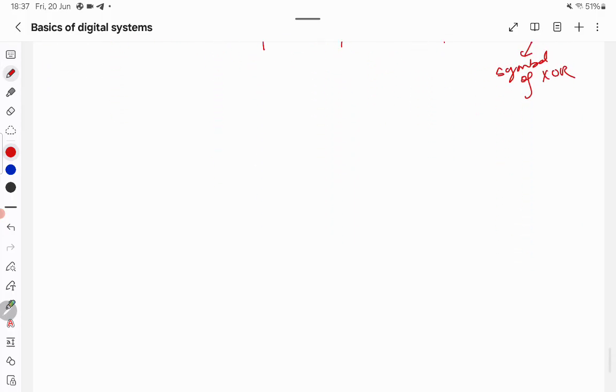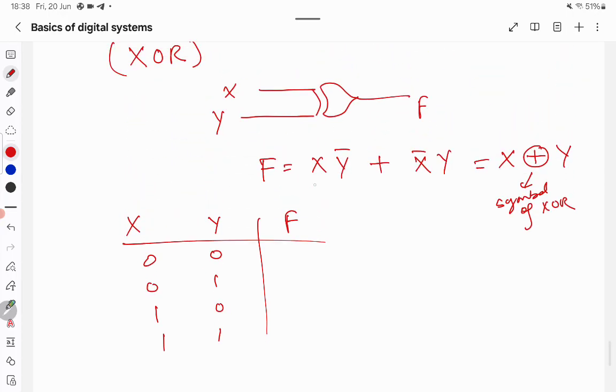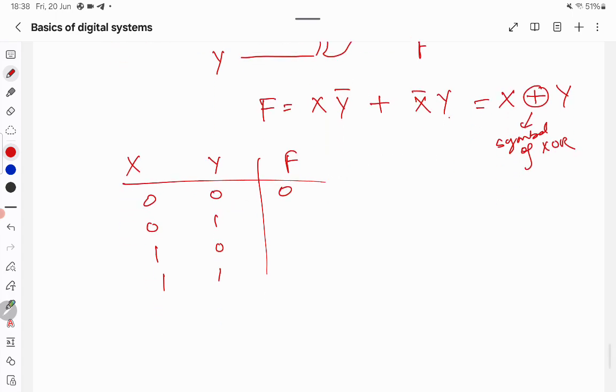If you draw the truth table, X, Y, and the output of the function: 0 0 0, 0 1 1, 1 0 1, 1 1 0. If you pass 0 here and 0 here, this will be 0, this will be 1. So 0 and 1 will be 0. This one will be 1 and 0 will be 0. So 0 or 0 will be 0. Similarly, if you do the same operation, this one will be 1, this one will be 1, this one will be 0.